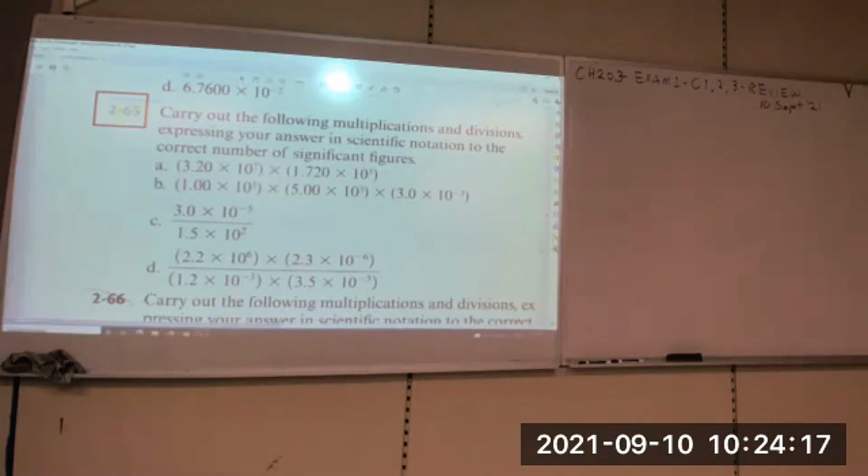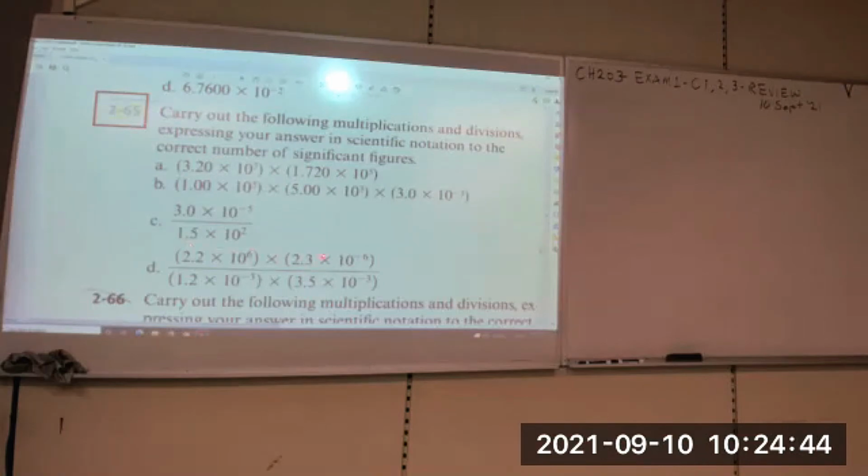Now, when you do a series of calculator operations that are only multiplication and division, I let my calculator keep all the decimals that I can and go through the whole thing. And then at the end, determine what the significant figures are. The advantage of that is it avoids rounding errors.